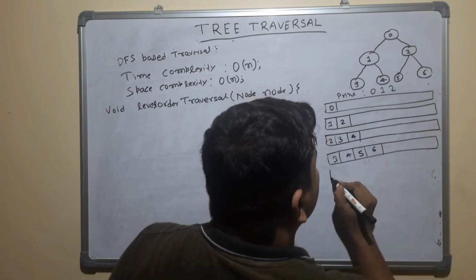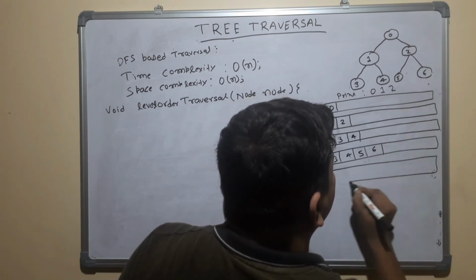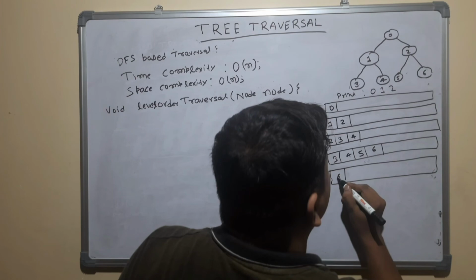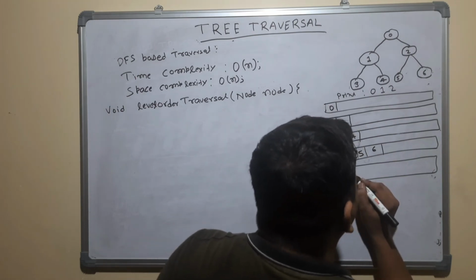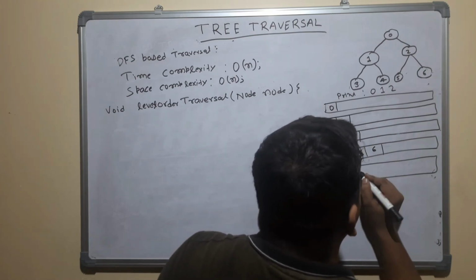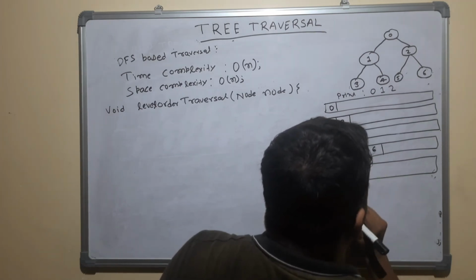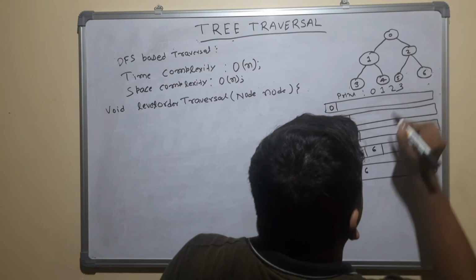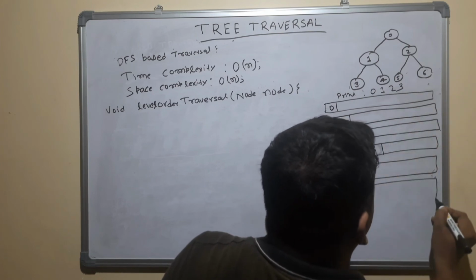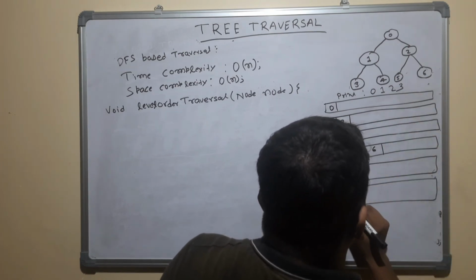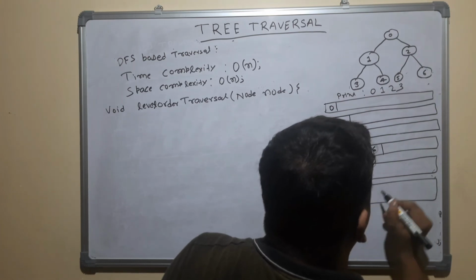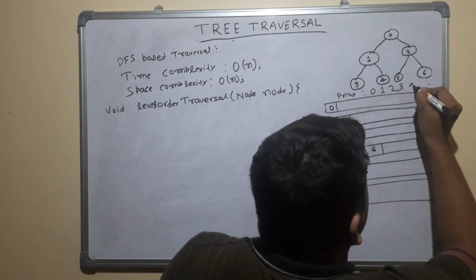In this way, now I will remove 3, but 3 has no child, so no need to add any node. We just have to print it here.